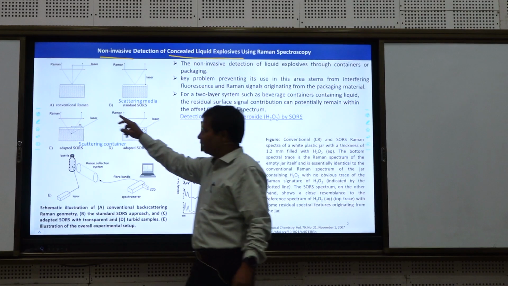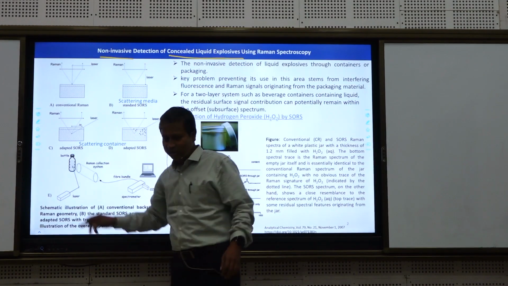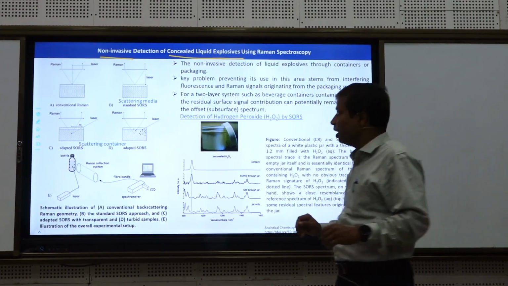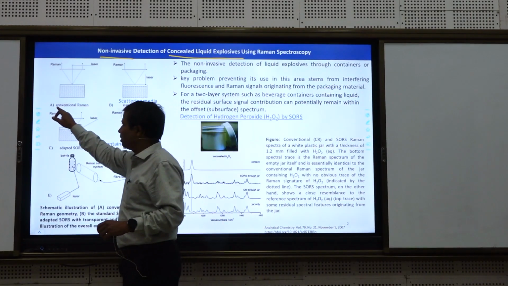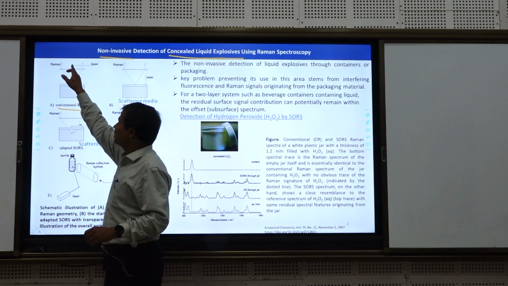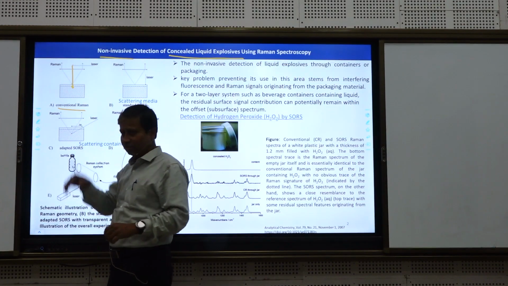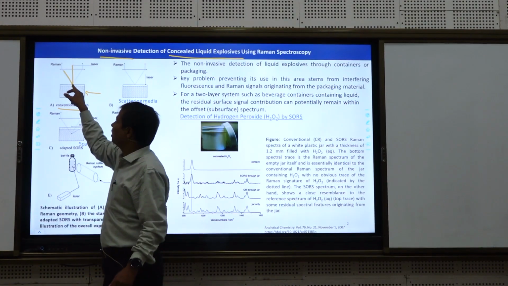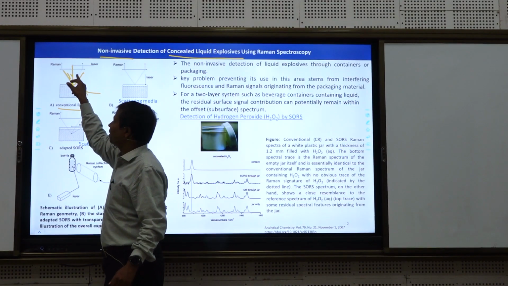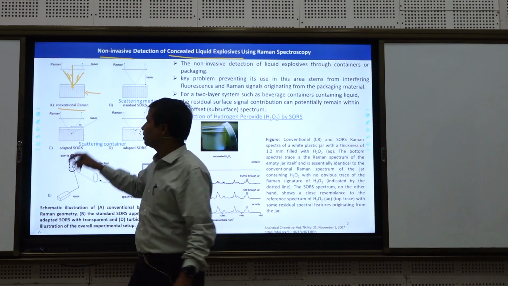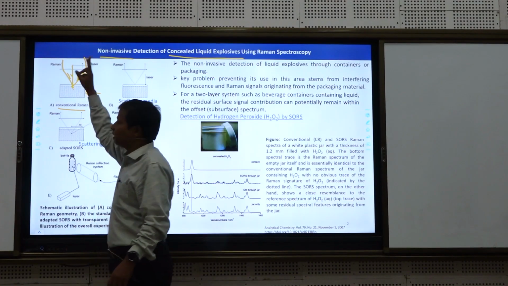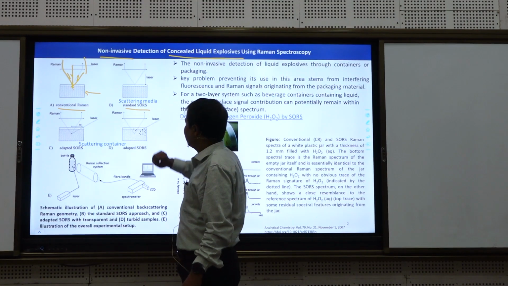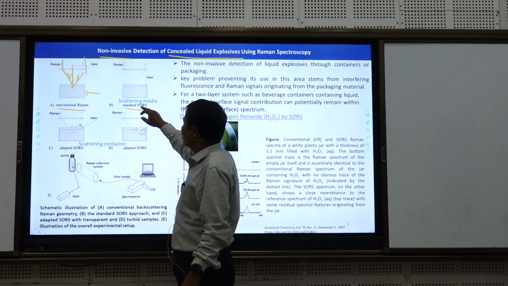Here they have developed a technique which is not the straightforward Raman spectroscopic technique that we use. The straightforward or conventional technique is that we excite the sample and then we take the scattered radiation with the objective. So the scattered radiation is taken back. This is a surface offset technique.